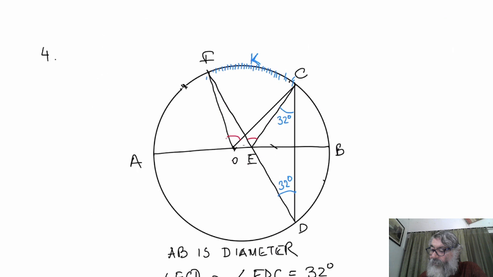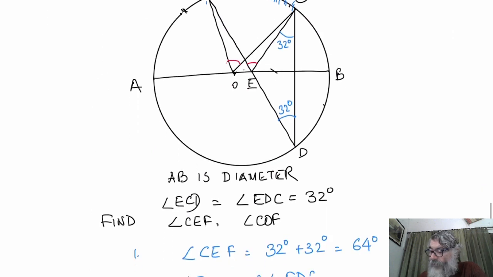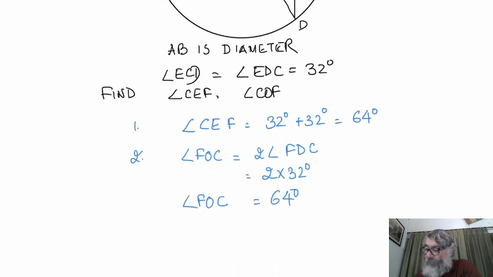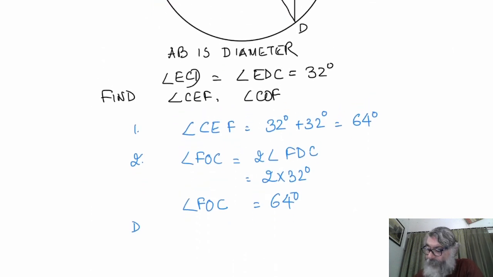So this angle FOC will be double of 32, and that is 64. You can write double angle property.